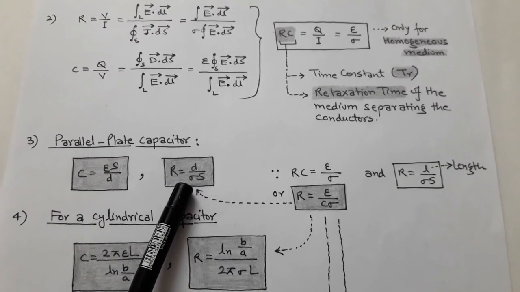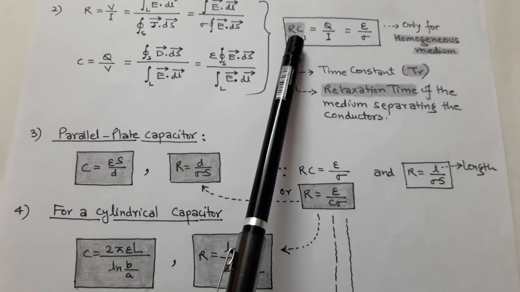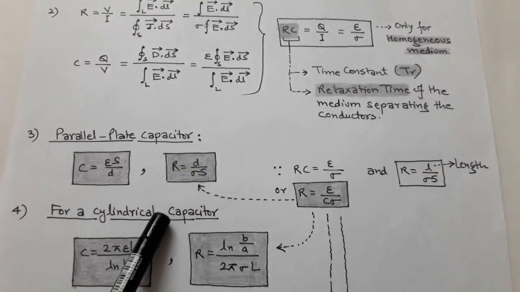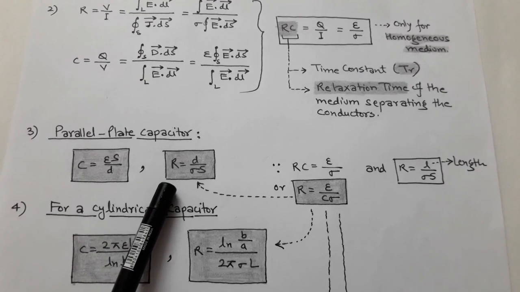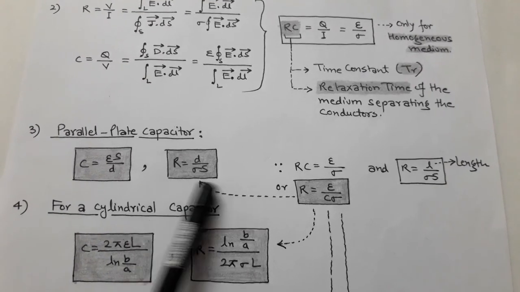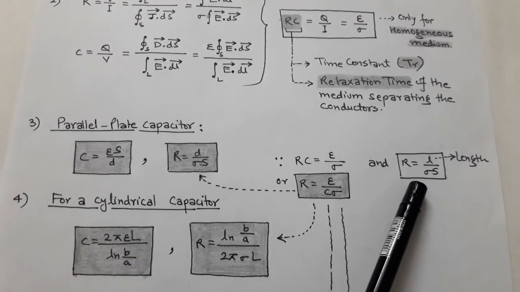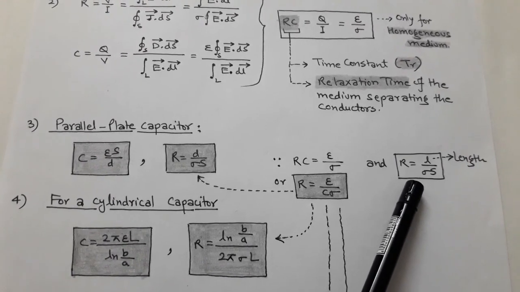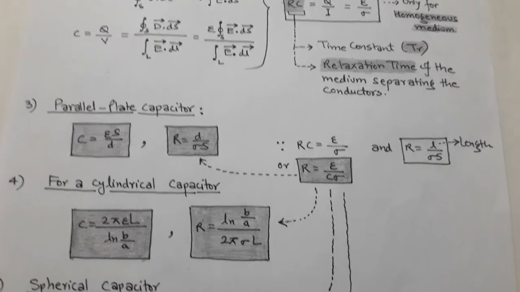So in place of C we can write epsilon S upon D, and from here we can determine the resistance, that is D upon sigma S. Here resistance equals L upon sigma S. L is the length of the conductor and S is the cross-sectional area.